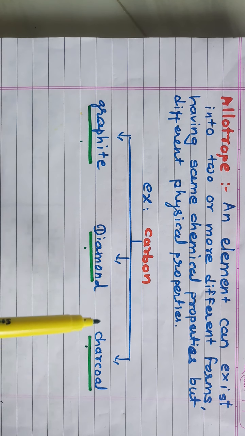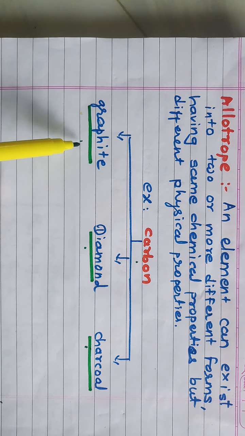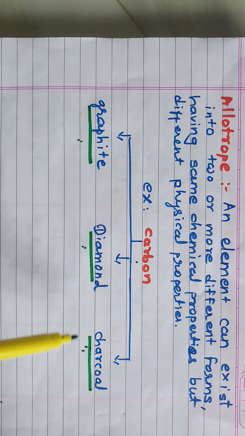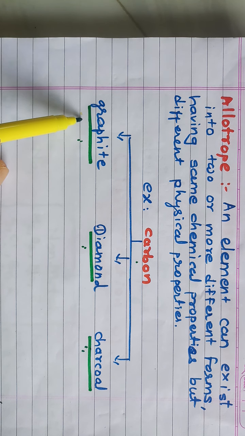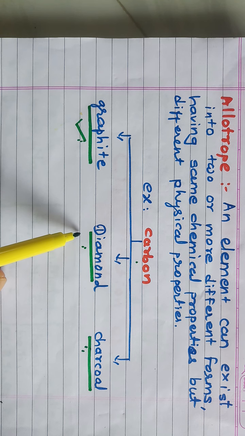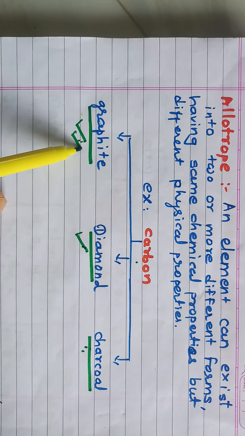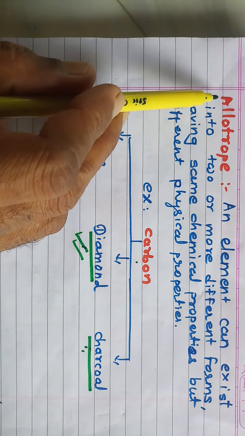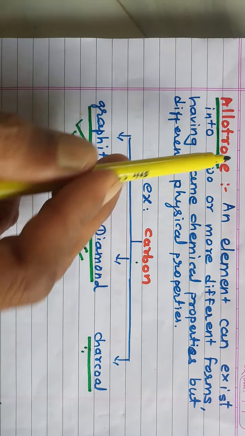They are the allotropes of carbon, having the same chemical properties but different physical properties. Like graphite is a good conductor of electricity, whereas diamond is a bad conductor of electricity. Graphite is soft as compared to diamond. So we should know what allotropy is.